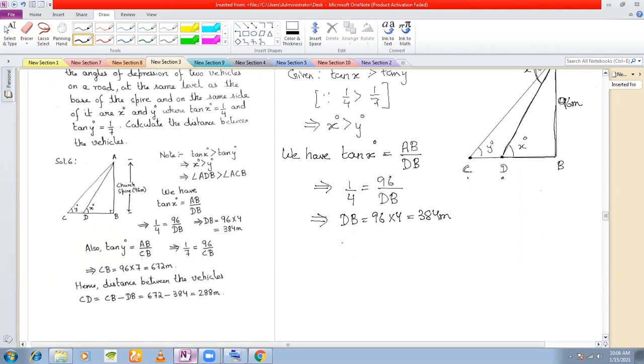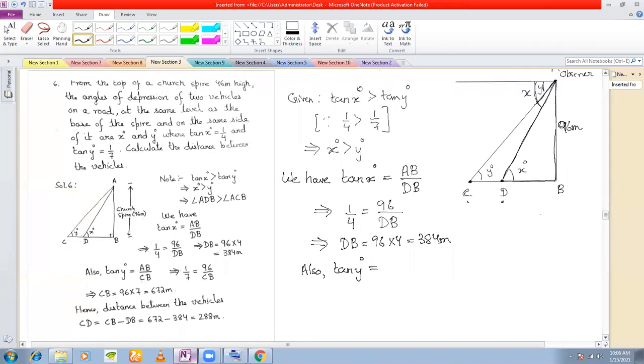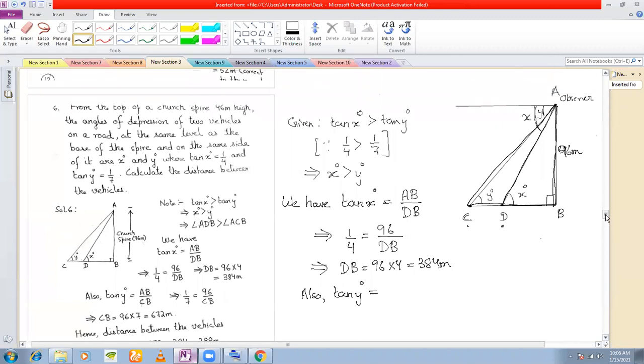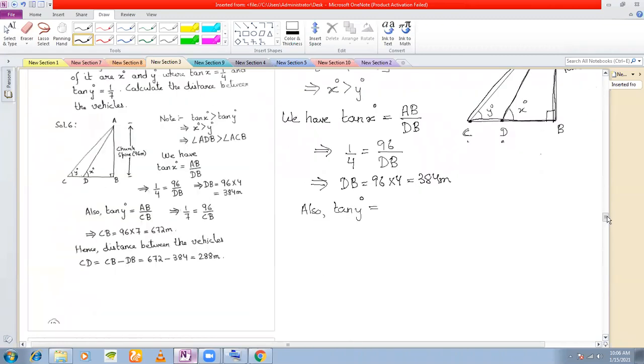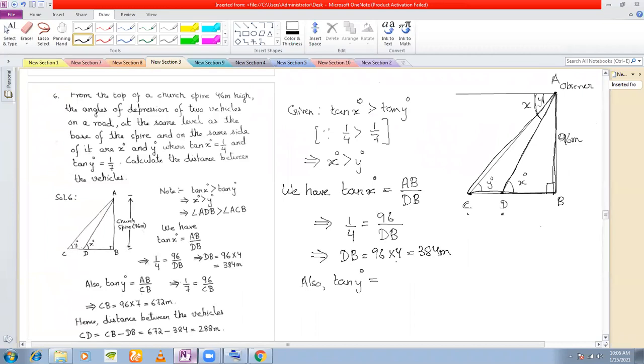Okay. Also, now we shall use tan y degree. When we are using tan y degree, we are going to use this bigger right angle triangle, which is ABC. We are going to use triangle ABC. Now tan y degree is again equal to AB by CB.